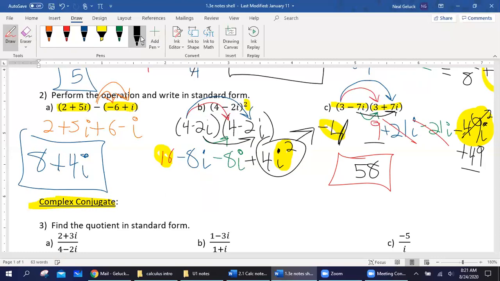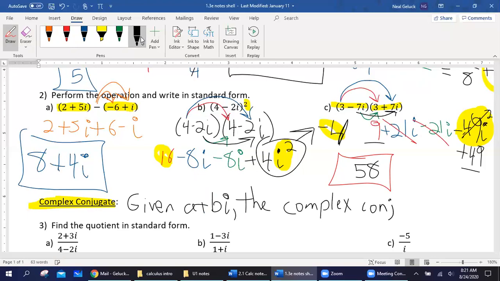So the complex conjugate is, if I'm given a plus bi, so some complex number, the complex conjugate is a minus bi. Again, just the sign in between changes. So that means if it started out as a negative, it would switch to a positive.